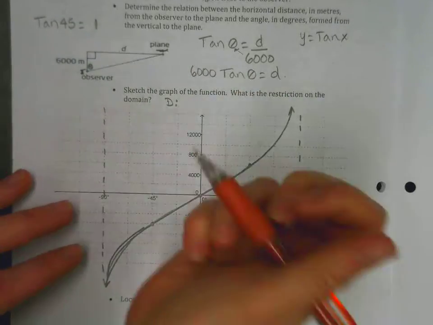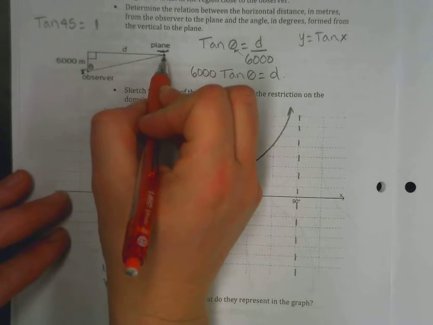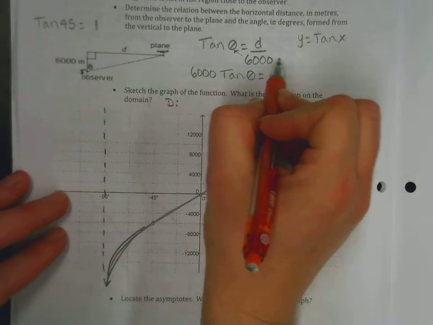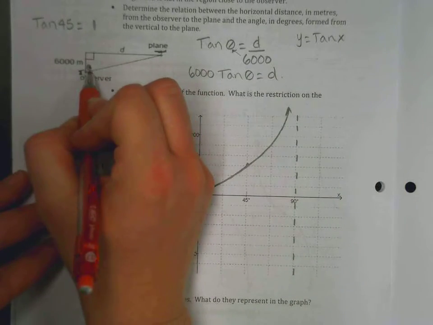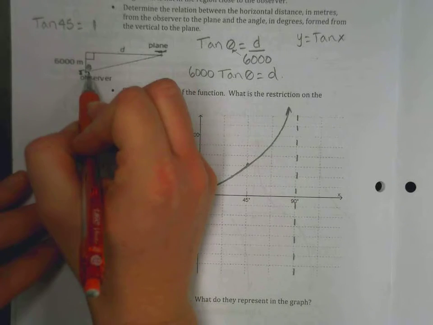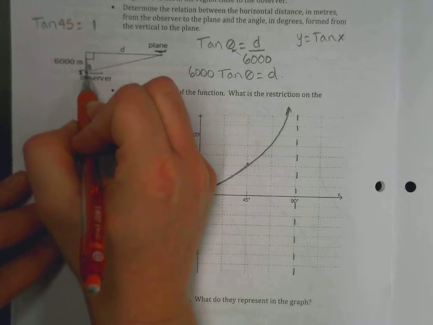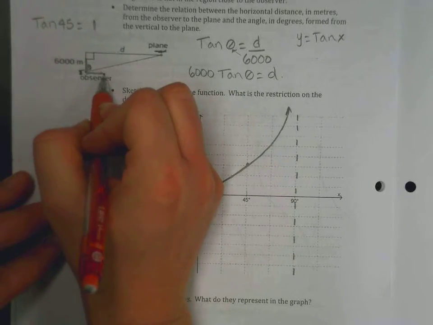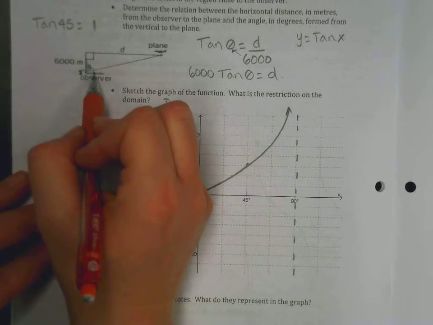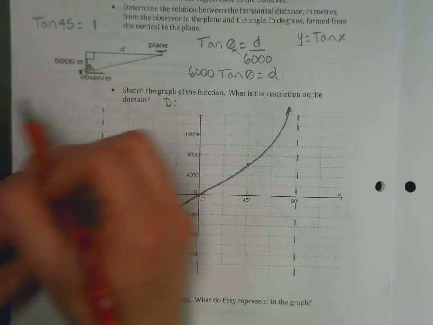So technically, if we think about this plane, as this plane goes forever in this direction, this angle is getting bigger and bigger and bigger, closer and closer to a 90-degree angle. But the question is, will it ever reach 90 degrees?